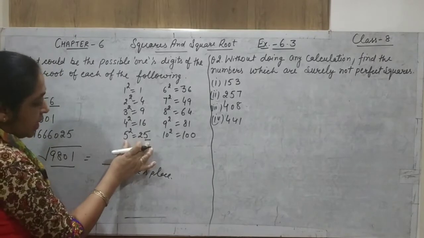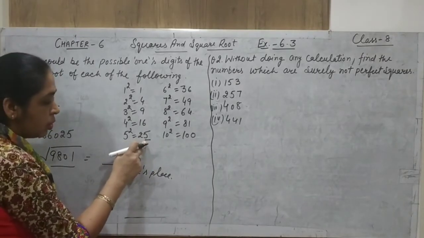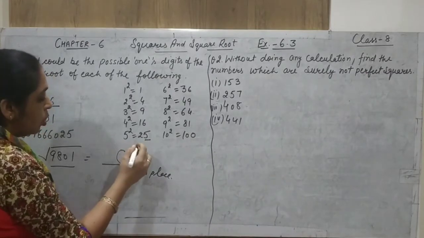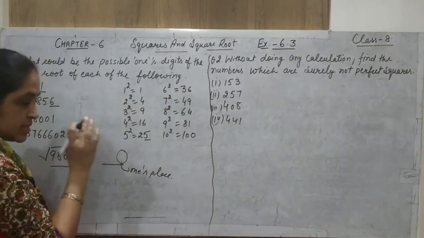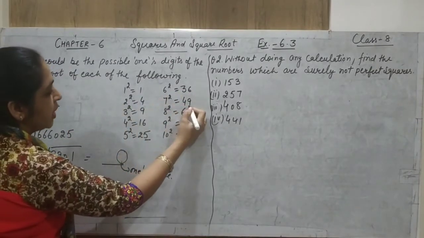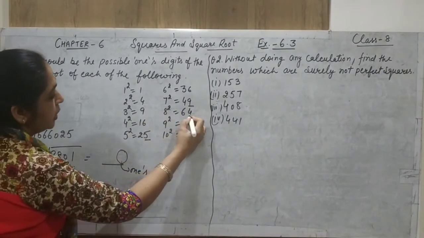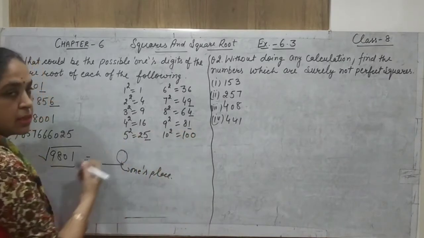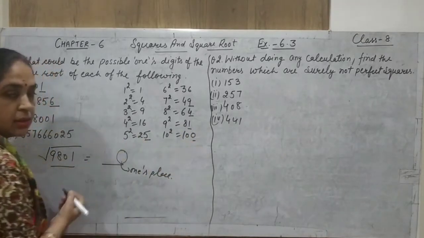We can say here square of 5 is 25 and square root of 25 is 5. Alright. So similarly 6 square, that is 36. 7 square, we get unit number is 9. For 8 square, unit place is 4. For 9 square, unit place is 1. For 10 square, unit place is 0.